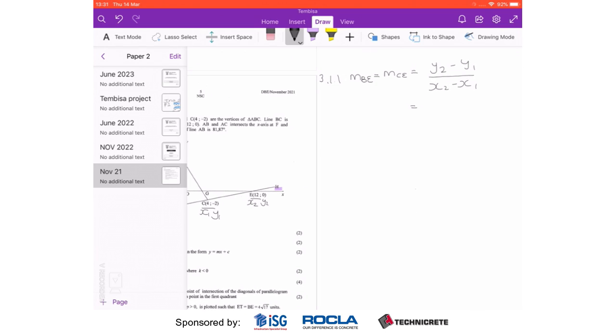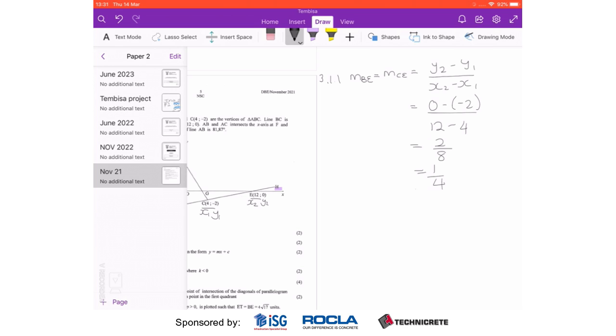So my y2 is 0 minus -2. Be very careful with your signs. And my x2 is 12 minus 4. So it's going to be 2 over 8, which can be simplified to 1 over 4.